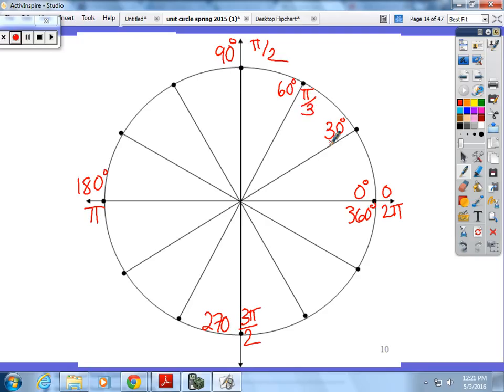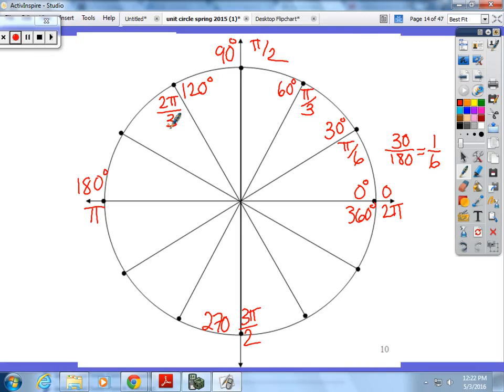Now, this is 30 out of 180, 30 degrees over 180, so what fraction is that going to reduce to? Well, it's going to reduce to 1/6. So this would be pi over 6. And now as we count up, we just add 30 degrees every time, so 90 plus 30 is 120. And if you put that in your calculator, you would see that this is 2 pi over 3.